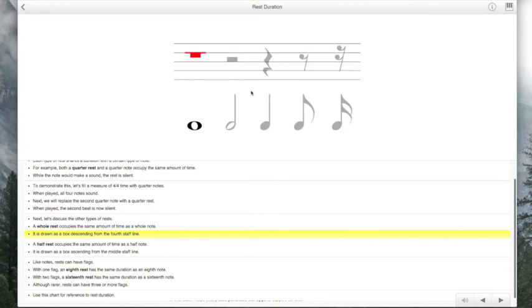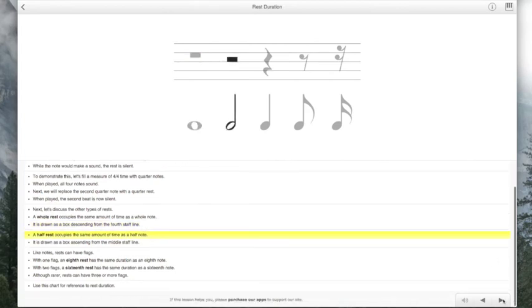And somebody who does not remove their hat is only half of a gentleman, and you can see that the hat remains on here. Maybe that works for you. If not, forget about it. So the half rest is the same thing, except it is on top of the third line of the staff, and as it says here, it's drawn as a box ascending from the middle staff line.